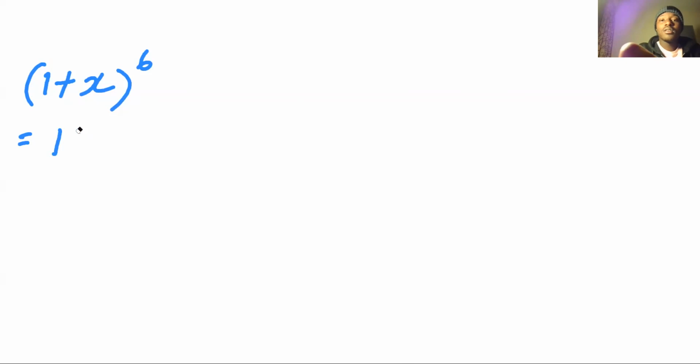So 1 plus x. We are saying the powers of 1 will be decreasing as the powers of x will be increasing. So the first one will be 1 to power 6 times x to power 0.